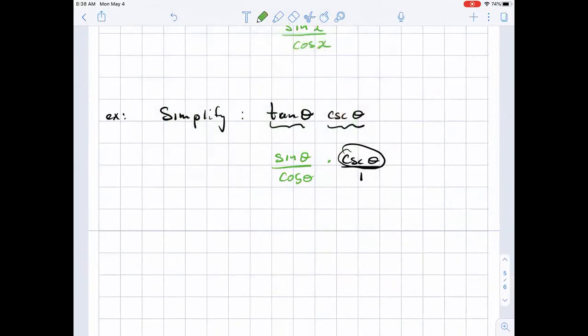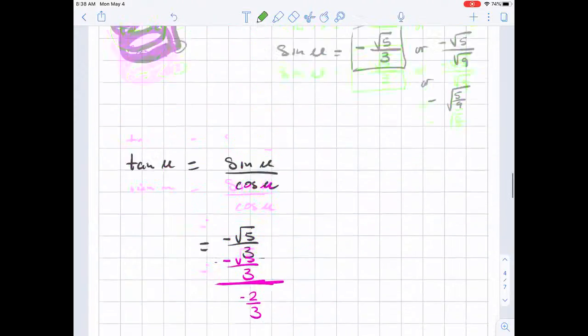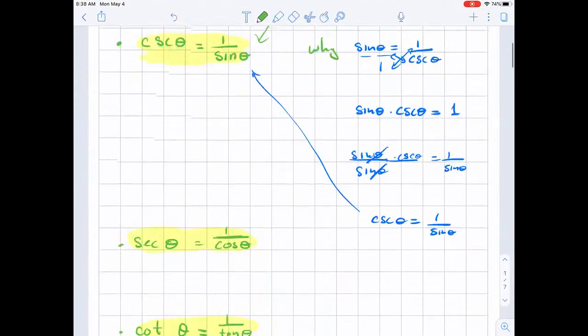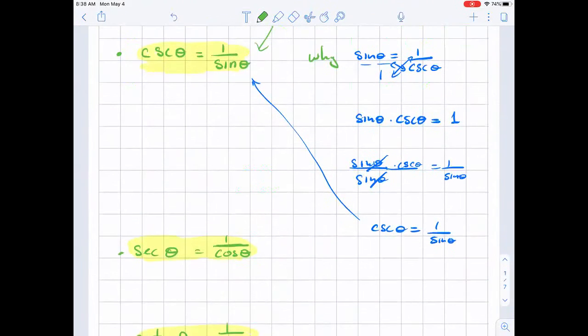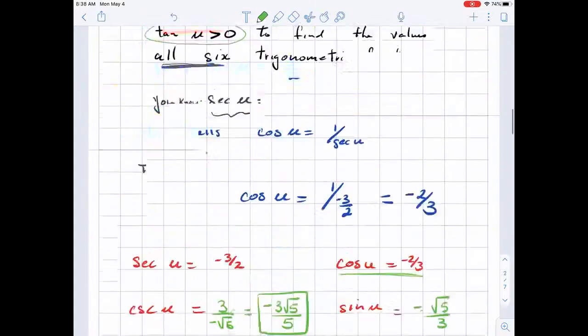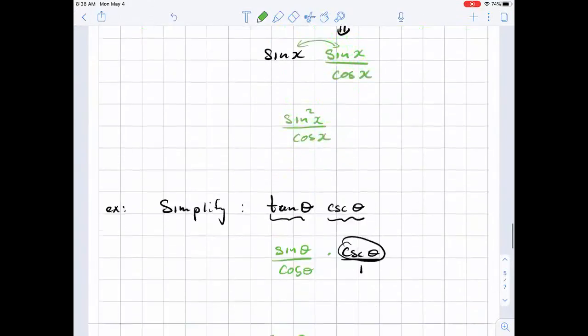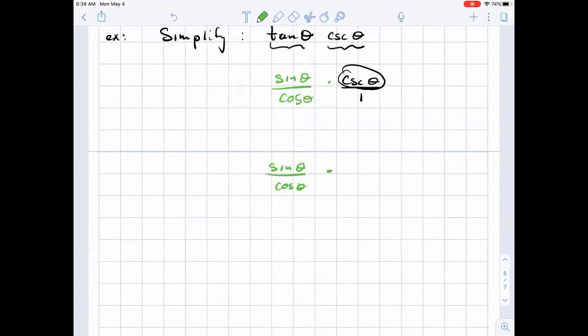So we have sine of theta over cosine of theta times cosecant. Remember from our identities at the top here, cosecant is 1 over sine. So we can say that this is now 1 over sine theta over 1.